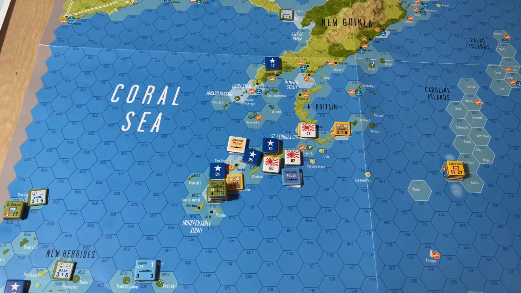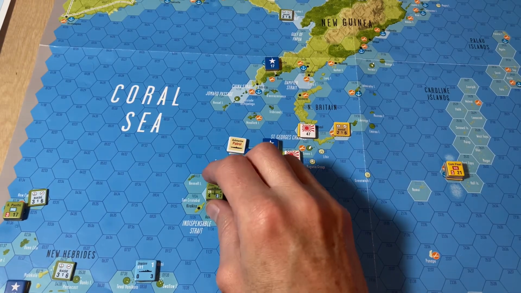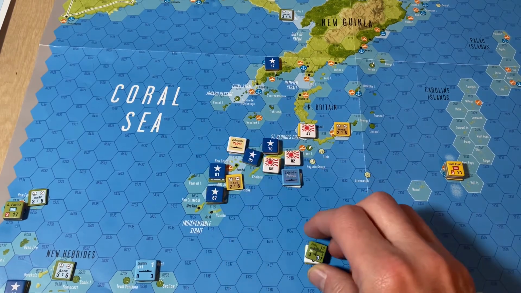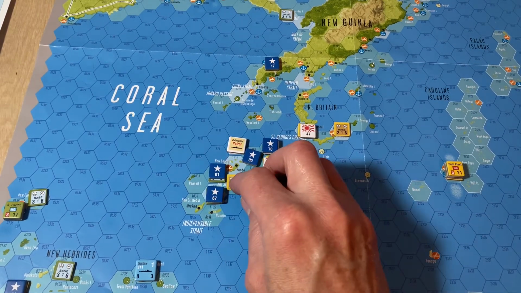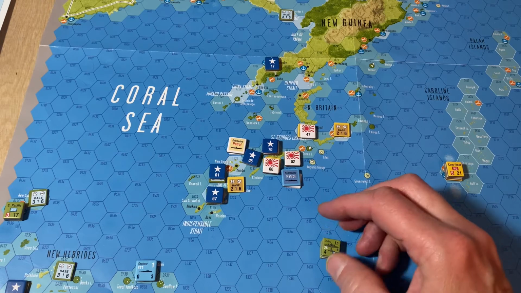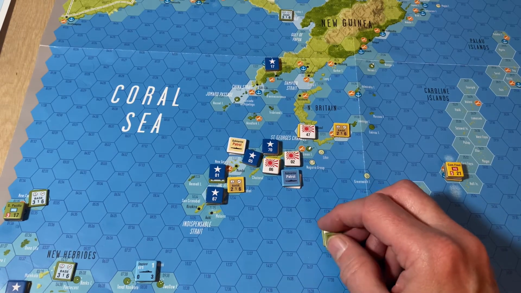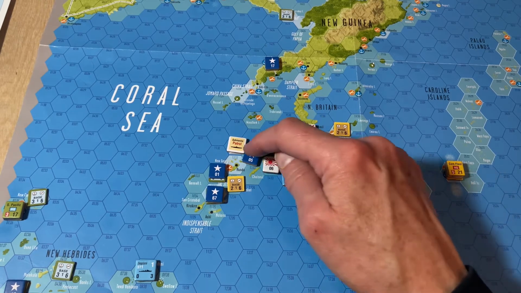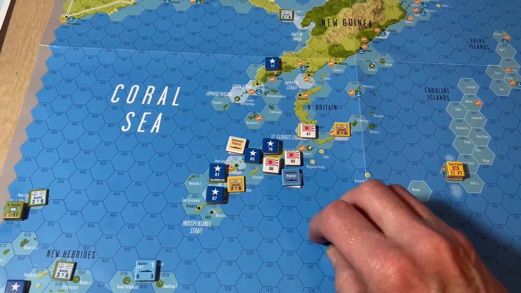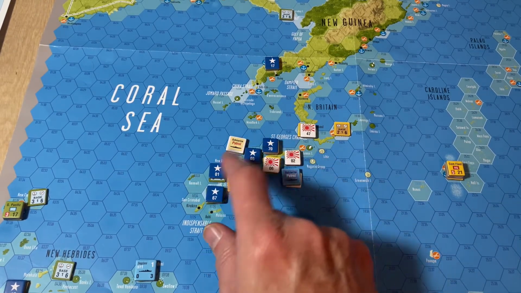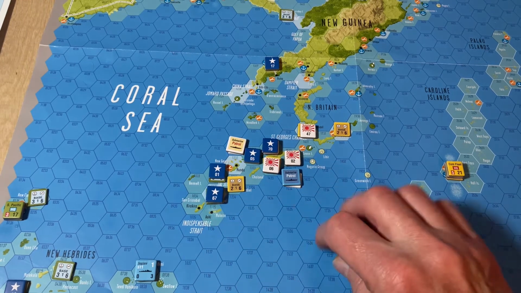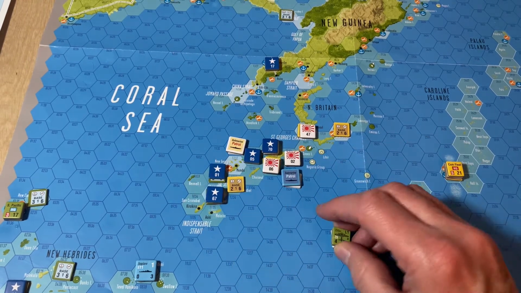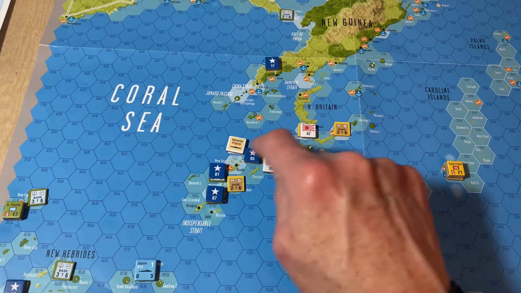The command points for the Allied is looking okay, but it's a matter of being able to get the troops to the place where they're needed, and that's this 3 hex area. So I've got all my transport ships spread out in the Solomons on these different forces.